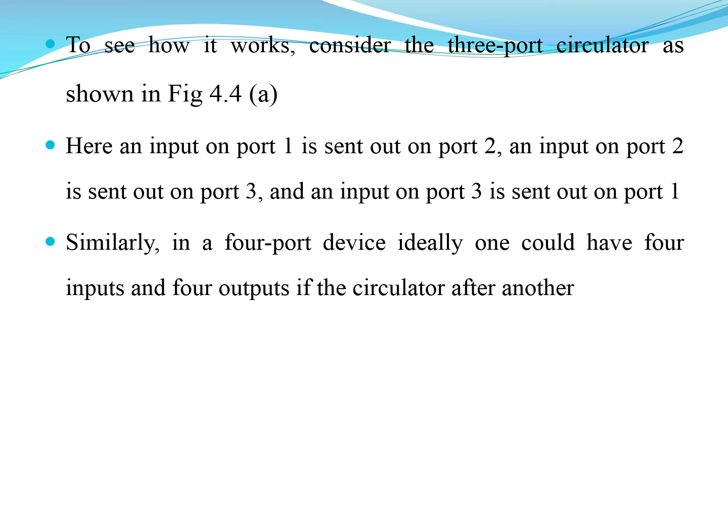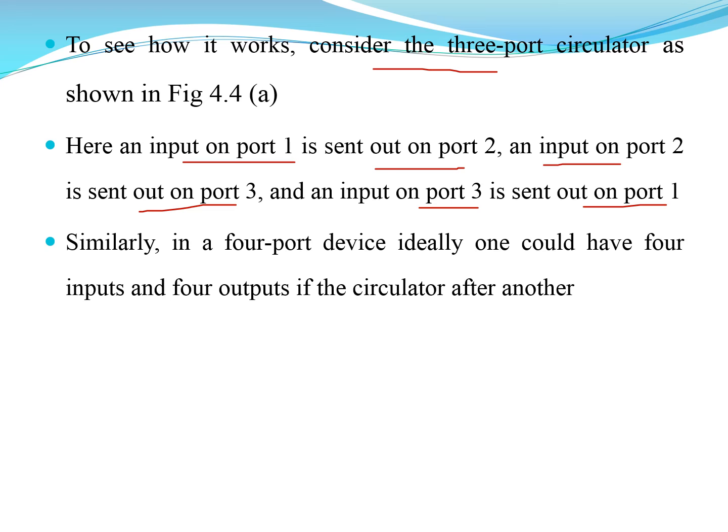So consider a 3-port circulator. Here an input on port 1 is sent out on port 2, an input on port 2 is sent out on port 3, and an input on port 3 is sent out on port 1, so that the signal gets circulated from port 1 to port 2, where port 1 acts as an input and port 2 acts as an output.